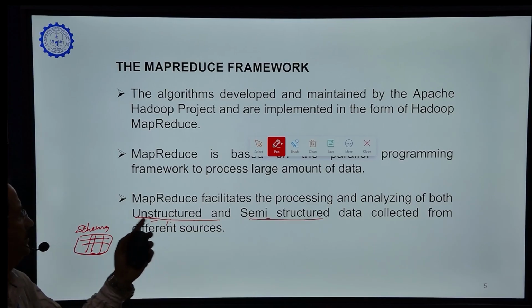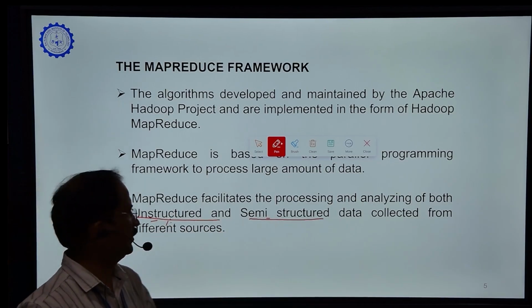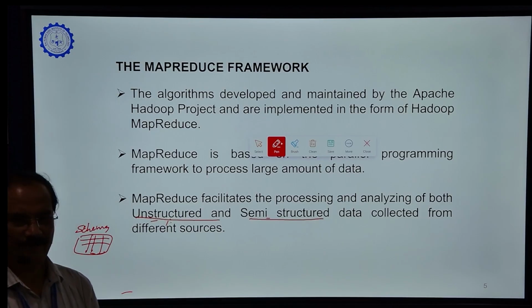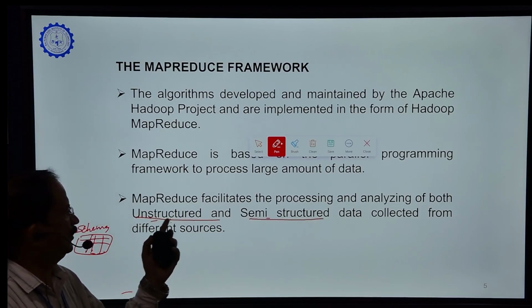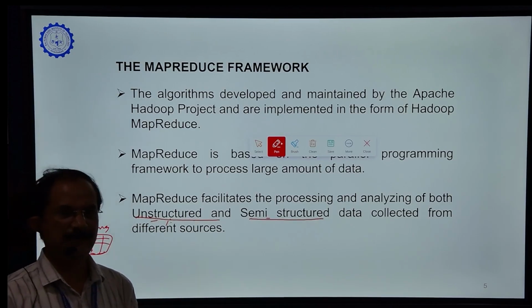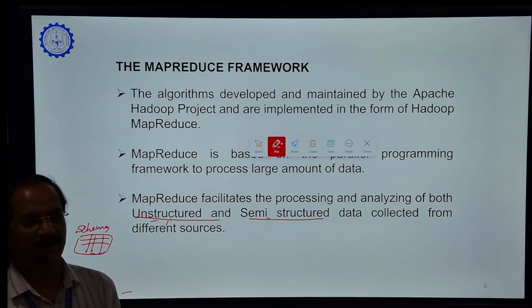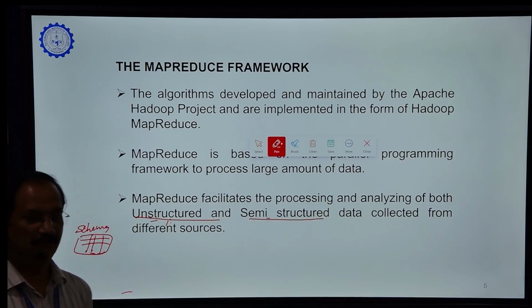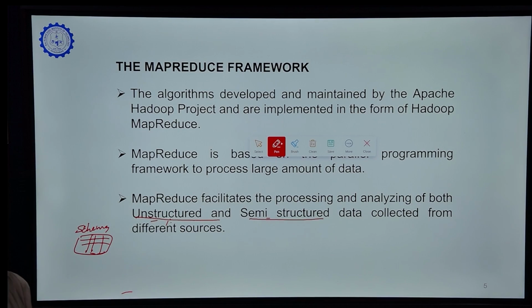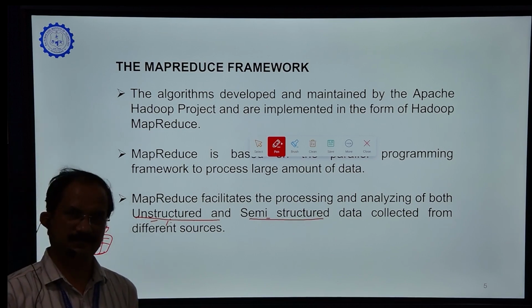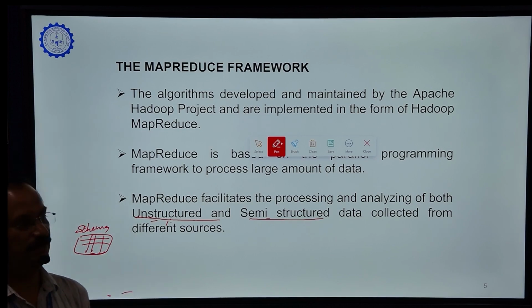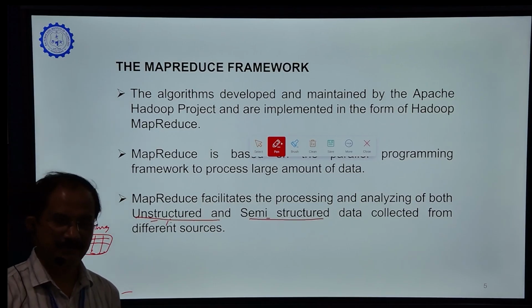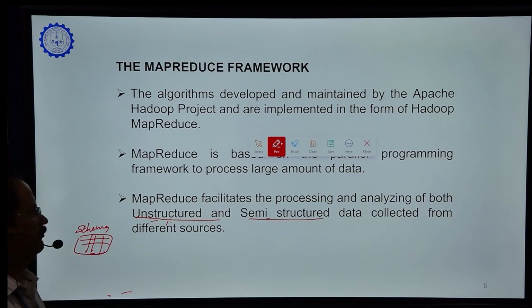It means data is unstructured or semi-structured, collected from different sources. The sources are unstructured or semi-structured. Unstructured sources are Twitter, audio, video, Facebook messages, sensors, and PDF files.